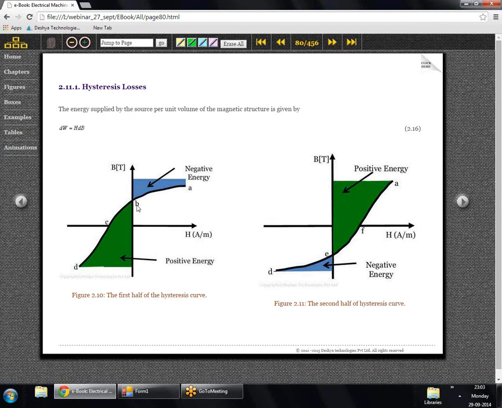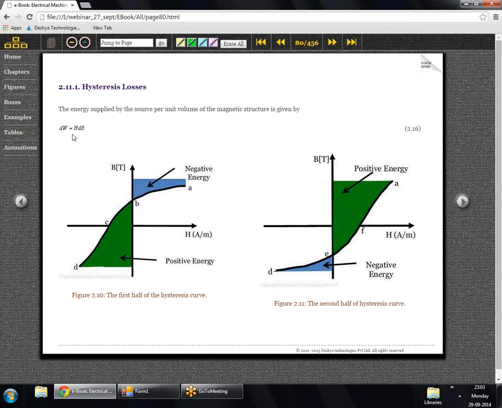Negative energy means that the material is feeding back its stored energy into the source. If now we consider that we move from B to C, then here we can see that the magnetic field intensity H is negative, and the slope of the curve from B to C is also negative. So from equation 2.16 we get that the energy is positive.